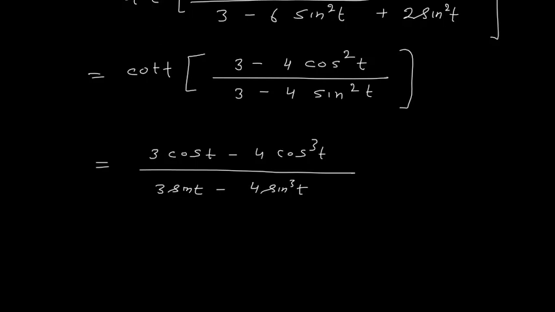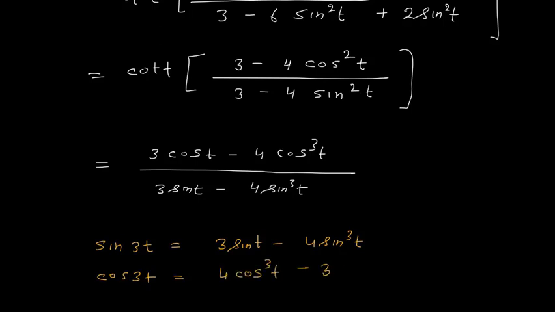If you remember the formula of sin 3t and cos 3t, do you remember what the formula is? Okay, let us revise. We have sin 3t is 3 sin t minus 4 sin cube t, and we have cos 3t as 4 cos cube t minus 3 cos t. So I'm getting something like that, right?